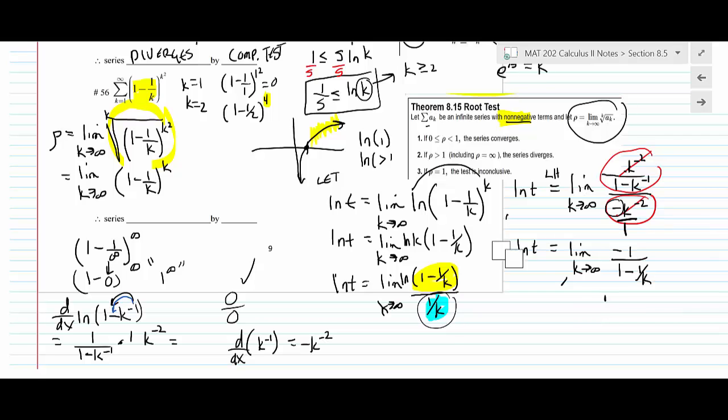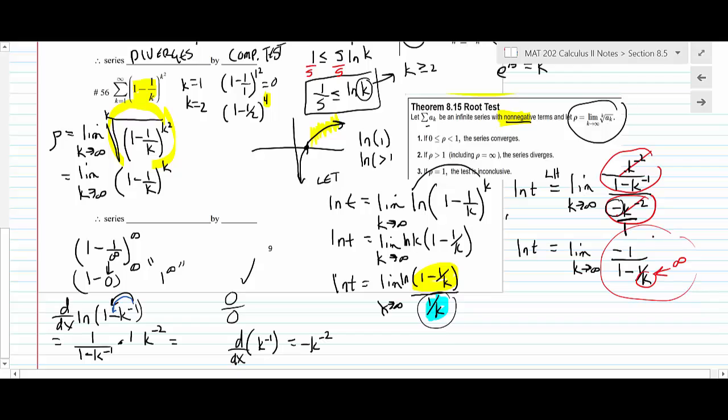Now, what I can do from here is go ahead and do my limit and see what I get. If k goes to infinity, where does this whole limit go to? Negative 1, right? It'd just be negative 1 over 1, because the denominator would go to 1.